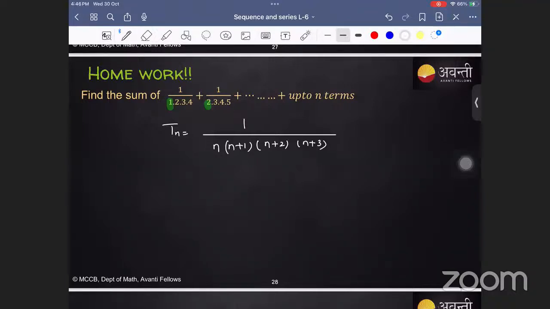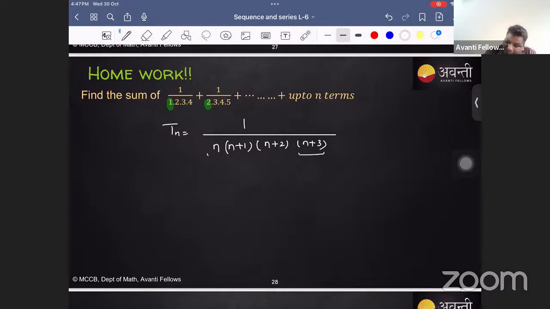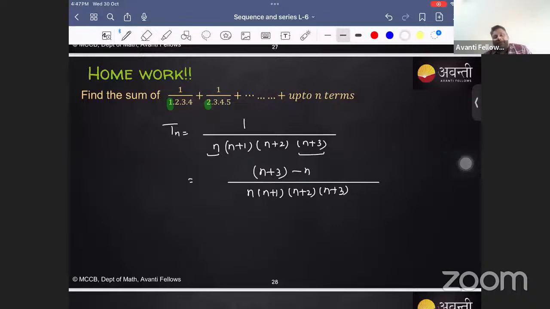Now, sir, in such kind of questions, what do we do? We subtract last minus first. So with this, you got n plus 1, n plus 2, n plus 3. Write it like n plus 3 minus n, last minus first, subtract in the numerator. So the difference of terms that extra came in the numerator is 3.